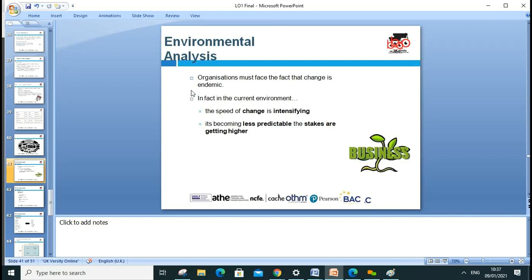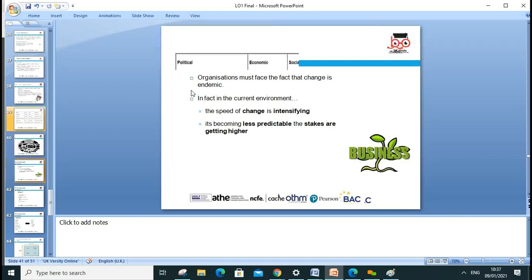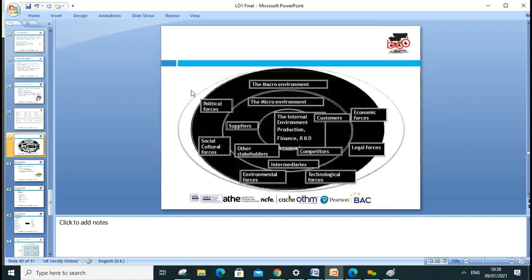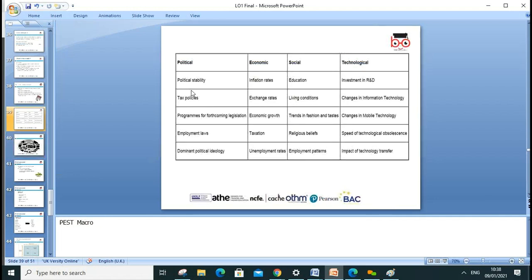Thus the external environment must face change. Does anybody have any question about PEST or PESTLE, which we will go through in detail in further lessons as well? Have we learned this before? Yes, most of you. Okay, so when you use these models, please include some facts and figures like the inflation rate, taxation rate, unemployment rate, and how these impact.